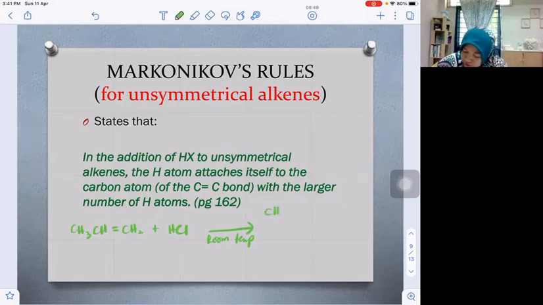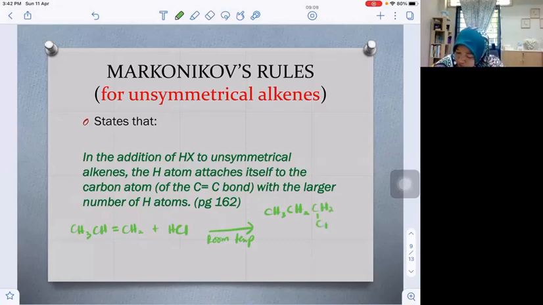So we have the first one, CH3CH2, when this hydrogen is attached to this carbon, so that the chlorine will go to the first carbon. So CH2, CH2Cl attached to it.